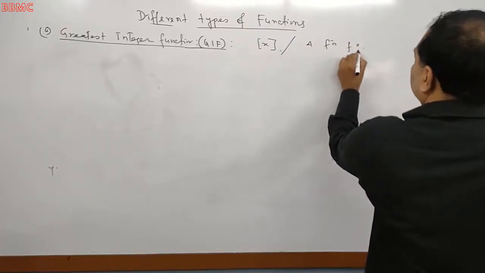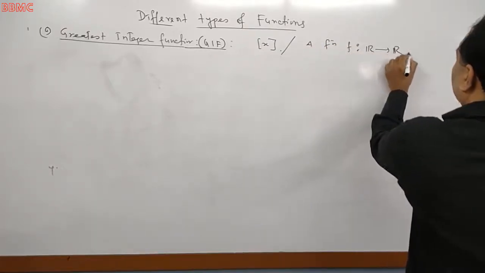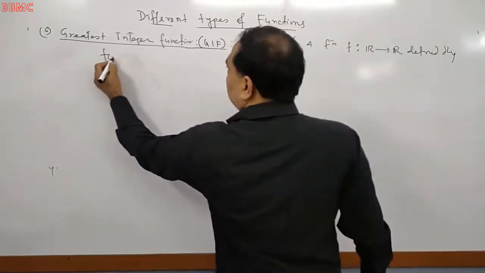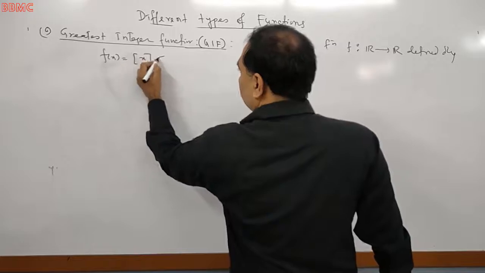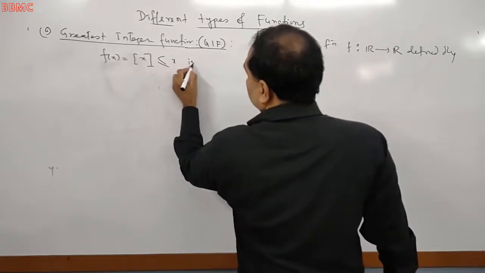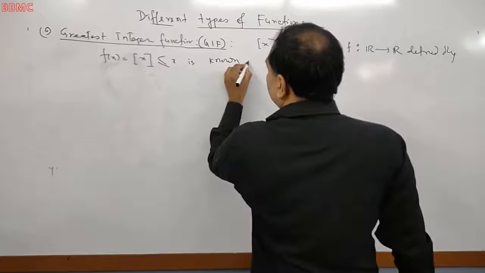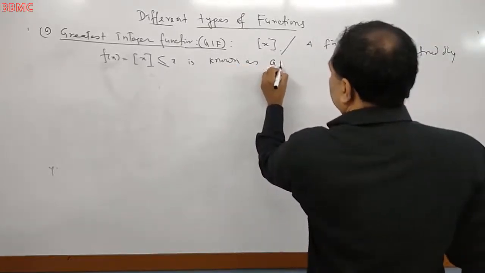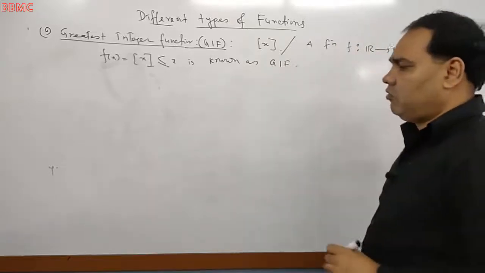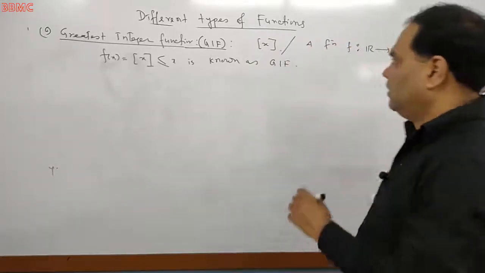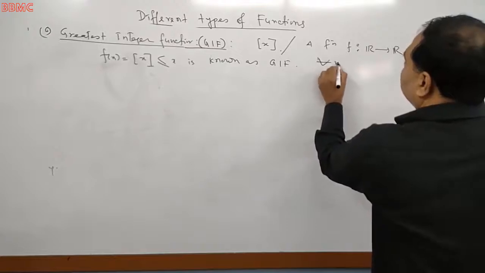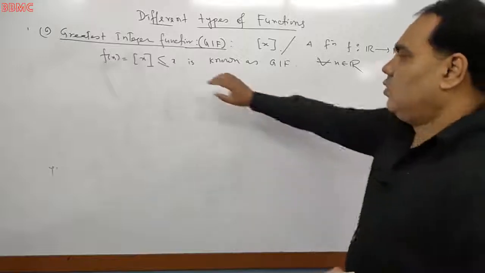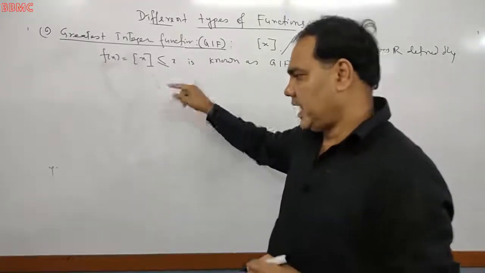A function f from R to R defined by f(x) equal to [x], the greatest integer which is less or equal than x, is known as the GIF, greatest integer function, for all values of x belonging to R.